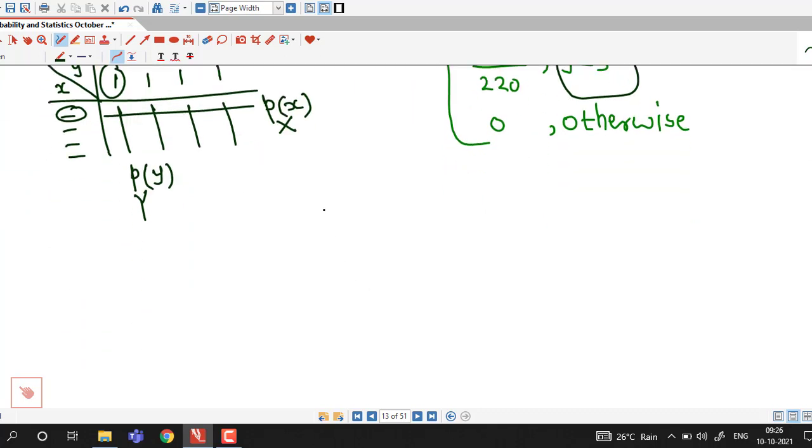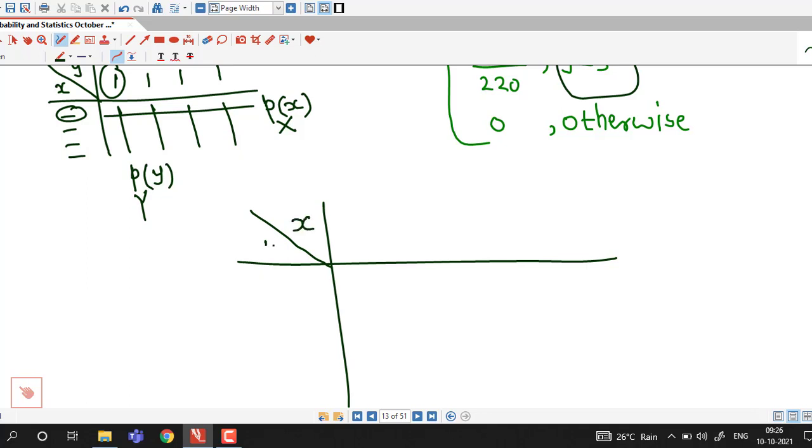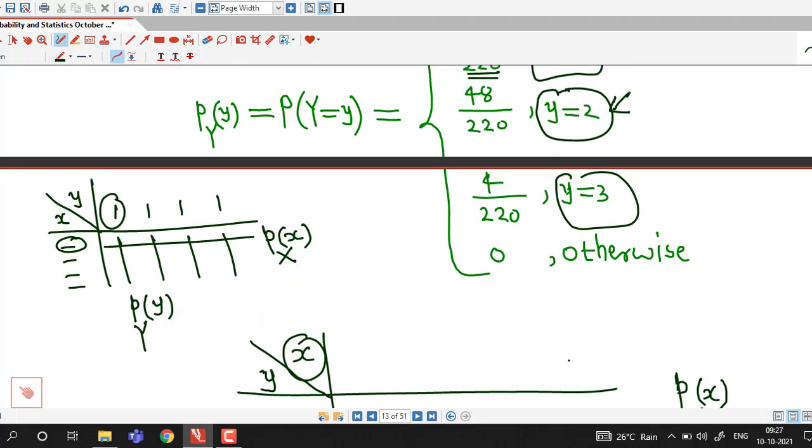Now suppose you are writing your joint probability distribution the other way. Instead of x here, suppose you write y here and x here, then the situation will change. Column totals will give you the marginal probability mass function of x, and row totals will give you the marginal probability mass function of y. So be careful.